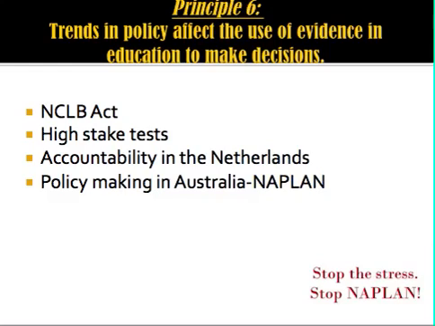In contrast, Skillcamp and Cooper's report found that schools in the Netherlands have an inspectorate to hold schools accountable for their education, and use this data as a way of monitoring any improvement. Policy making in Australia has become increasingly national with the development of the national curriculum and testing.